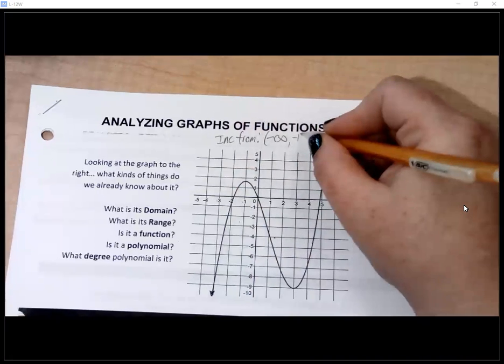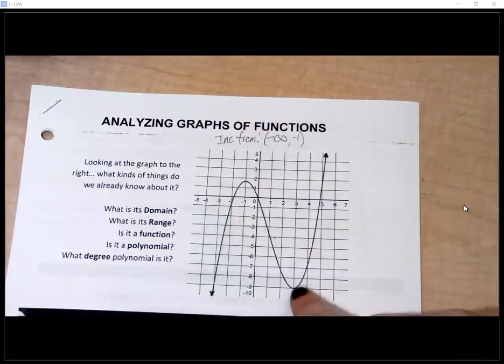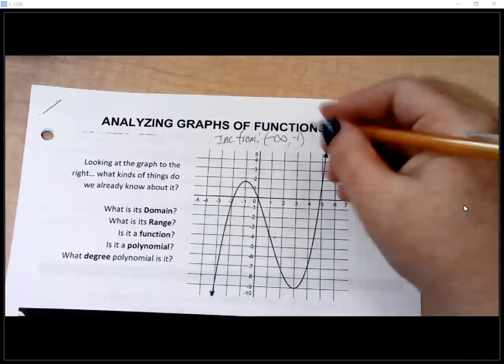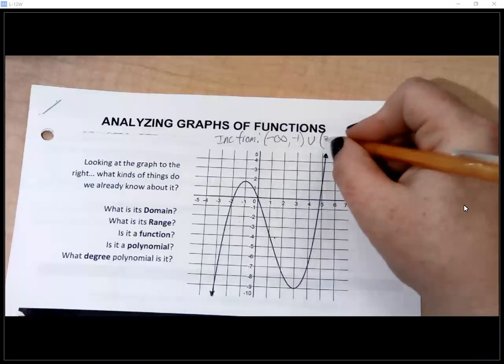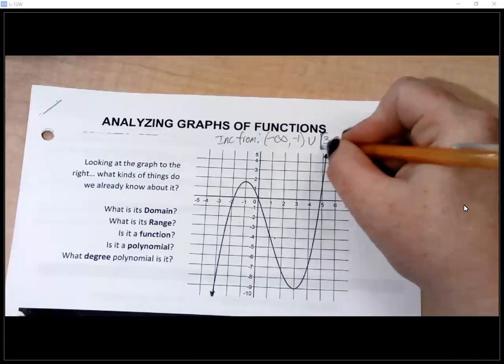And then now I'm obviously decreasing, right? If I'm going down. But then look, I pick it up again. I'm going to increase again from 3 to positive infinity. Oh, this should be closed. Sorry.